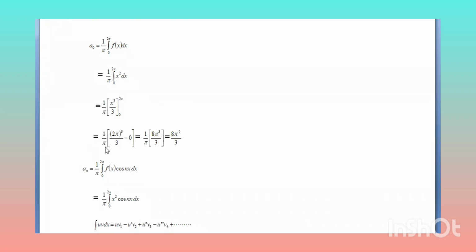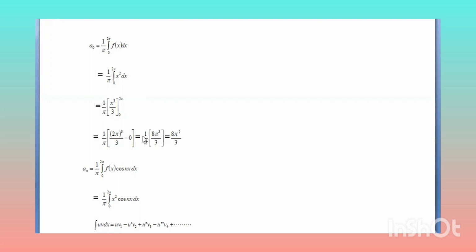So 1 divided by pi, for x upper limit 2 pi, 2 pi whole cube divided by 3, minus 0 cube divided by 3. 0 cube will be 0, the second term. First term, 1 divided by pi, 2 pi whole cube, 2 cube pi cube. 2 cube is 8, pi cube is pi cube.